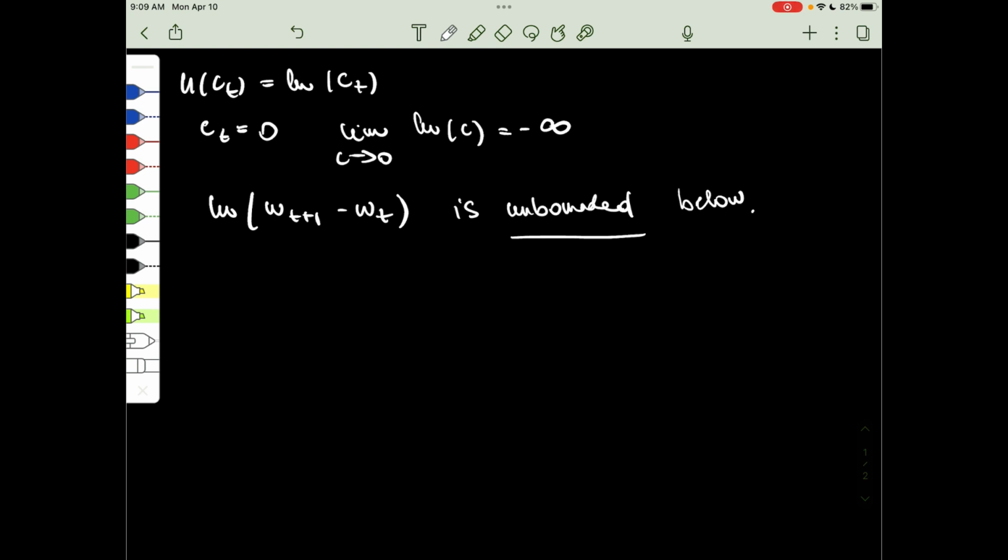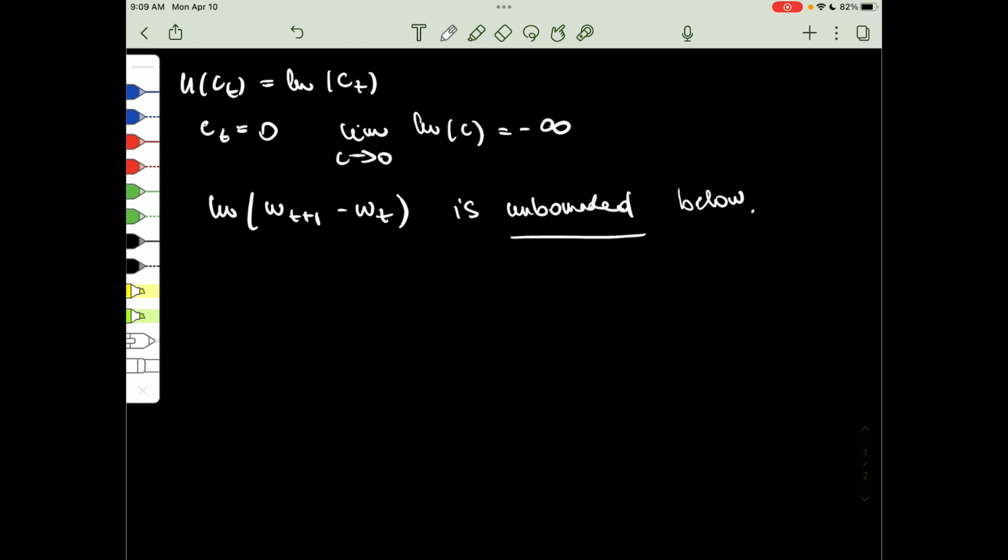And as the one period return function is unbounded, it must be treated as such. So the point of this exercise is to see what we can do if the return function is unbounded.